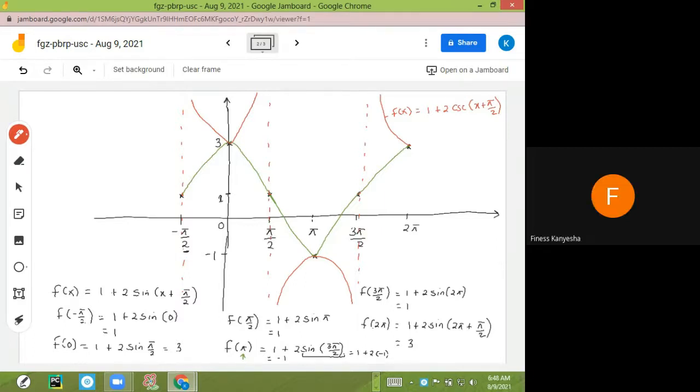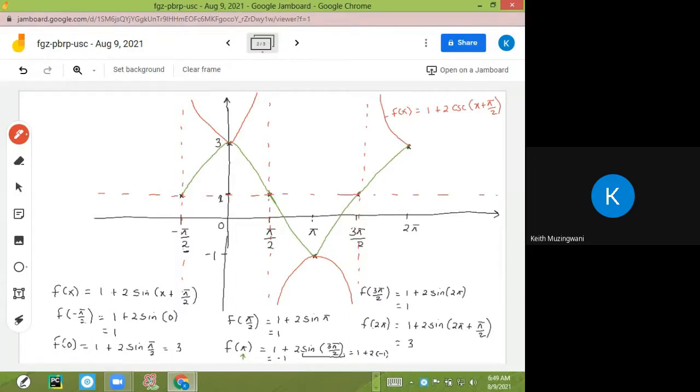Sir, why are you leaving some points like a pi there? By drawing your asymptotes, I don't know why you are leaving some points. You draw on the pivot points. You draw on the central points, the ones where sine was coming out to be 0.